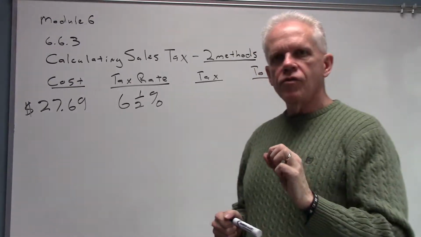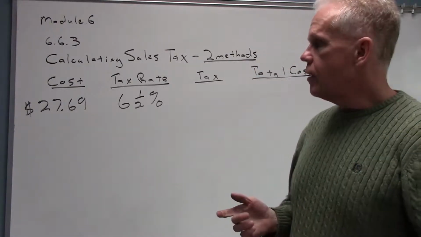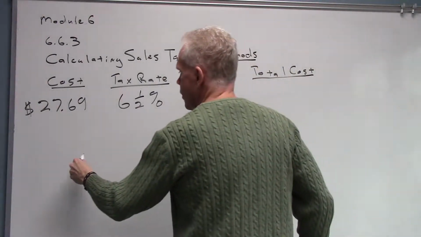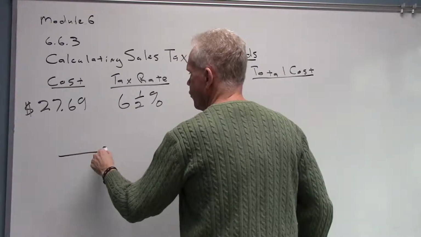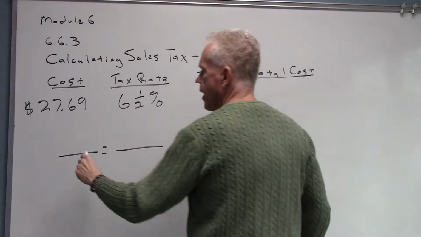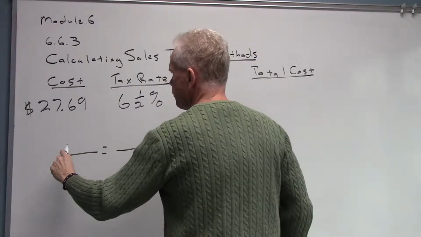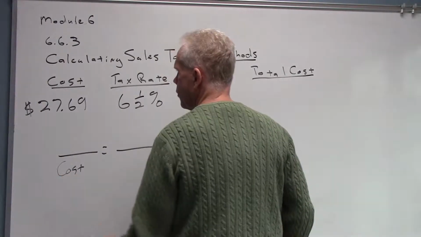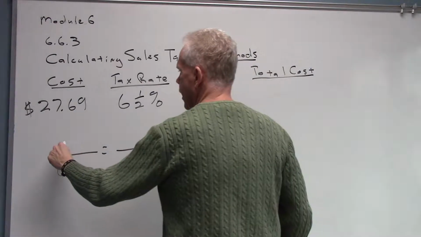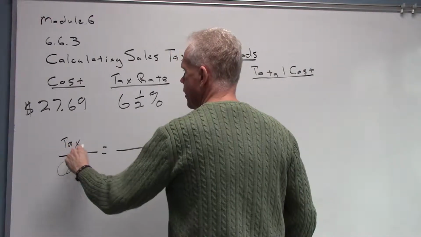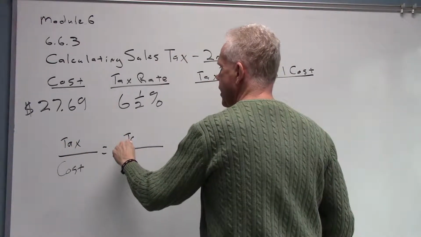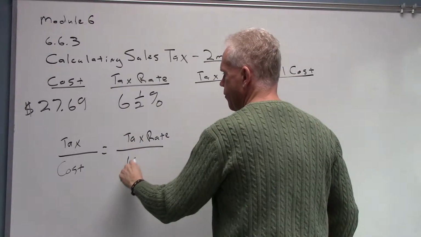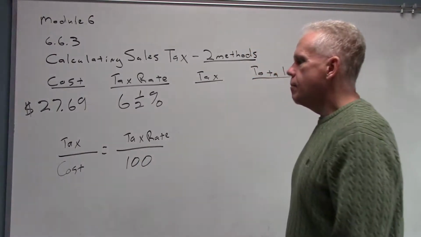This second method is called the proportion method, and we're going to use a proportion model. We'll set up a proportion where we have the cost of the item here, the amount of tax that we're paying here, our tax rate here, and the number 100 here.